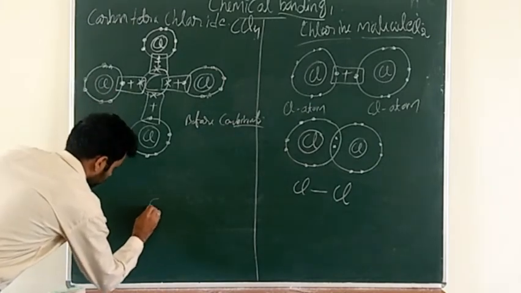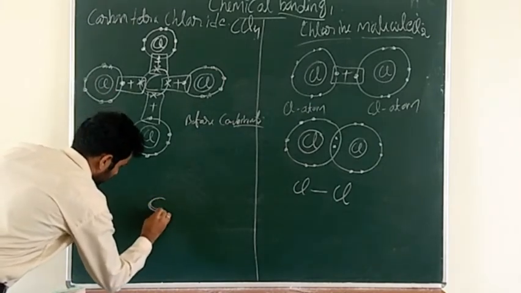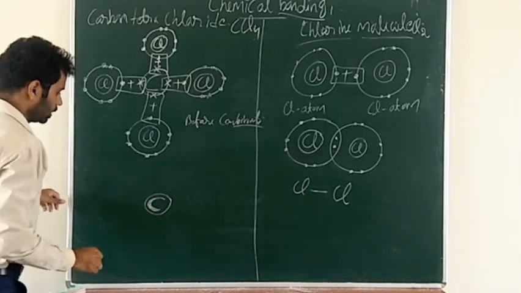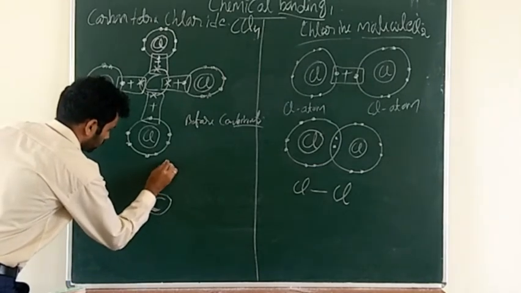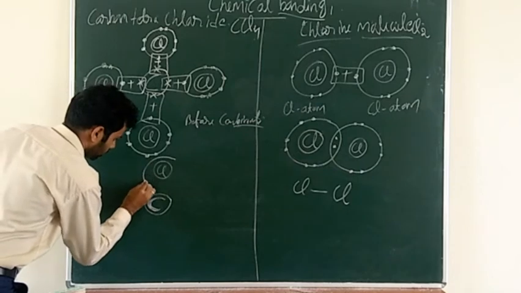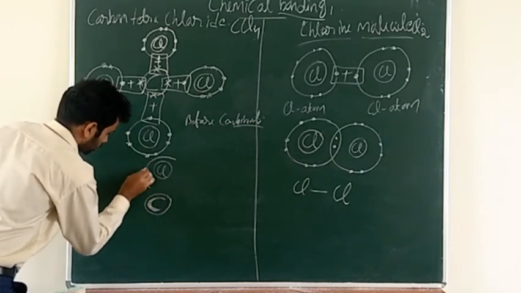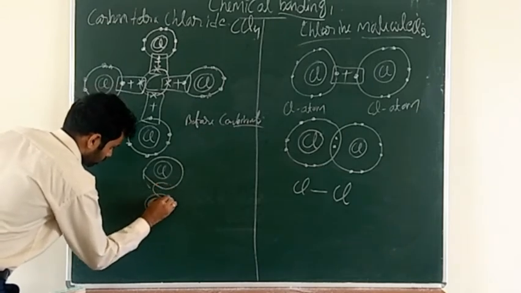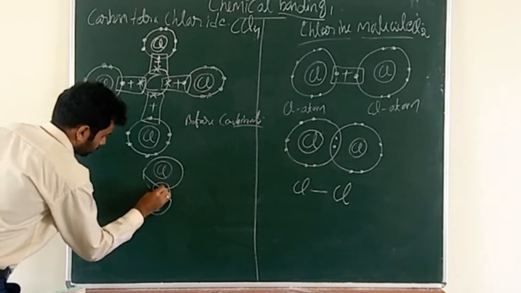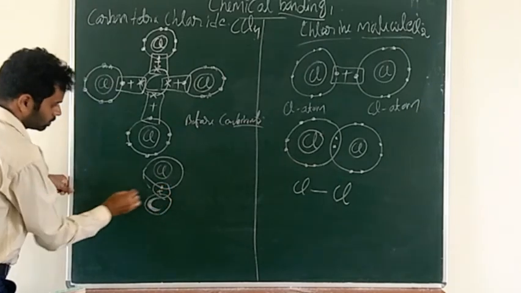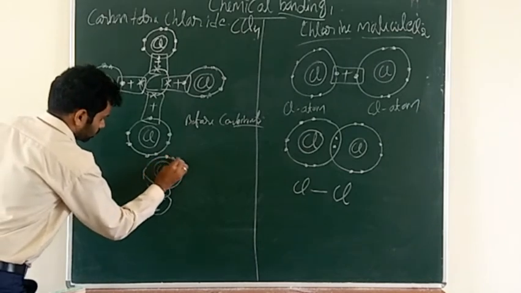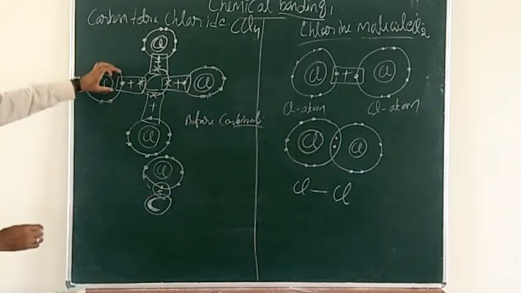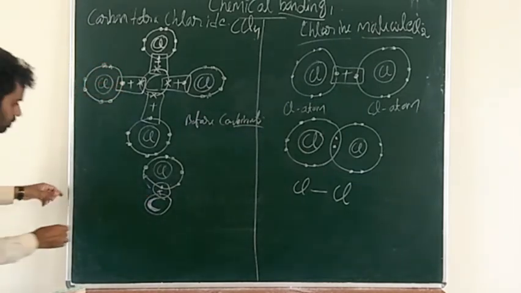Now you can write after combination. C is the nucleus. Next, here chlorine. Look at that, for the combination I use the cross symbol.